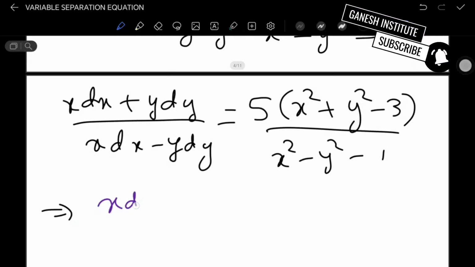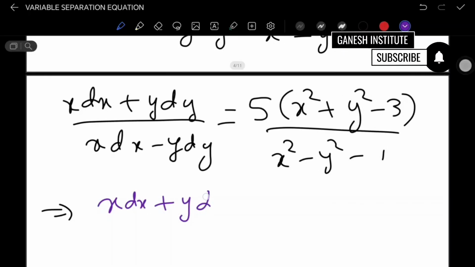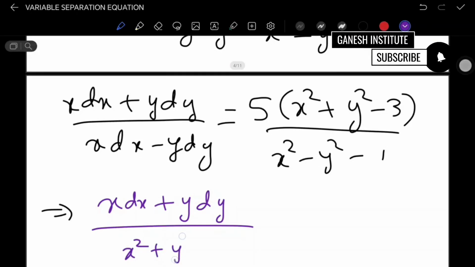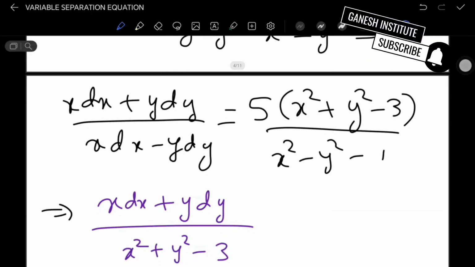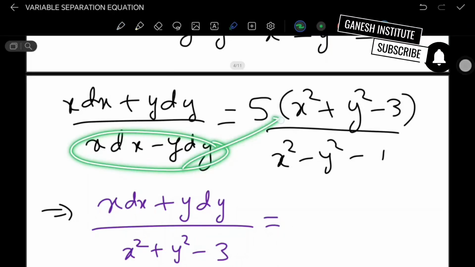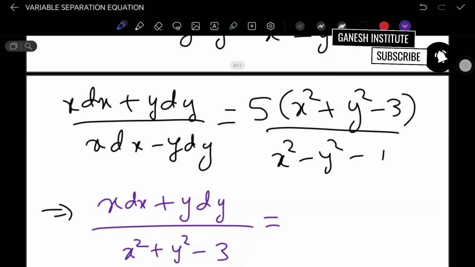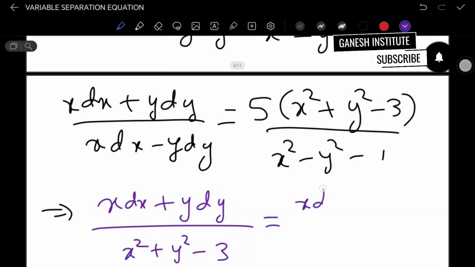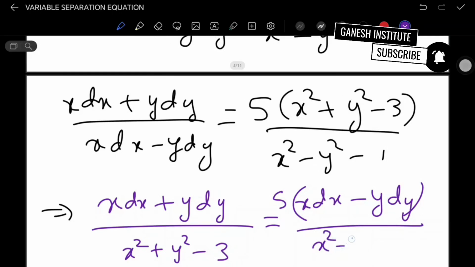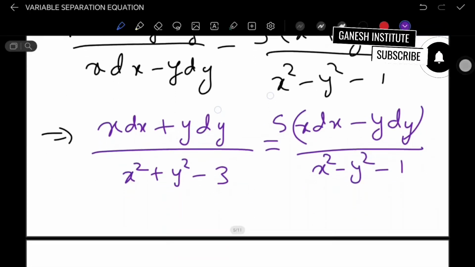So x dx plus y dy divided by x square plus y square minus 3, and here I'm taking this part onto the left, right? So x dx minus y dy, 5 is already here, divided by x square minus y square minus 1.